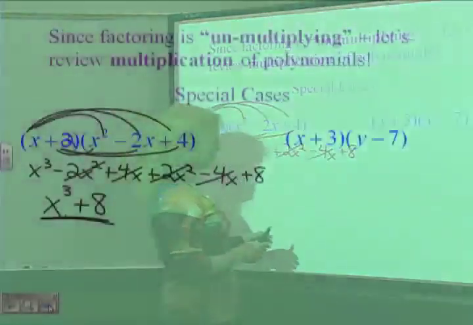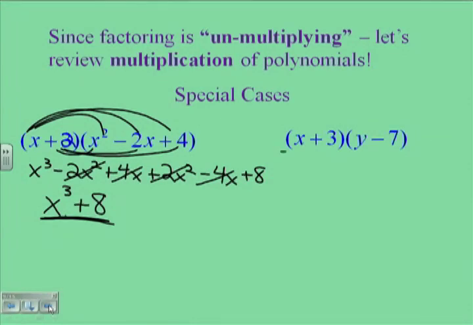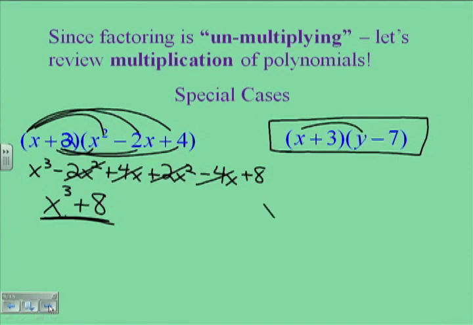Now, last guy. And this guy is going to be a little bit strange because you'll notice that I have an x in one and a y in the other. I just wanted you to realize that sometimes I see some kind of strange messes. First times first, I get an xy. Outers, I get a minus 7x.